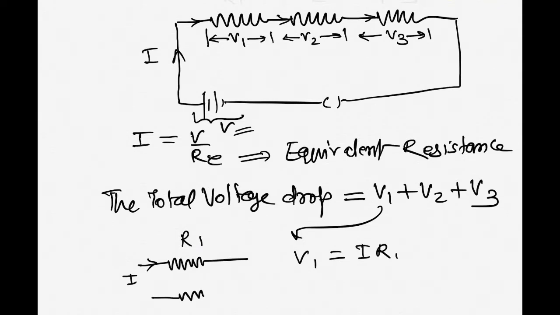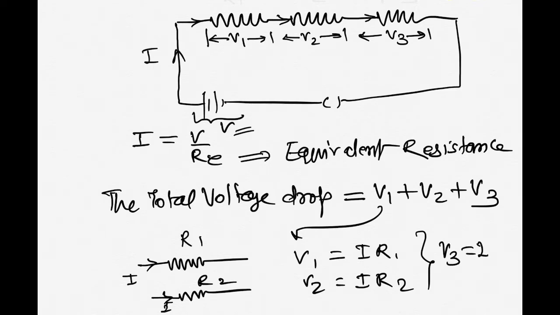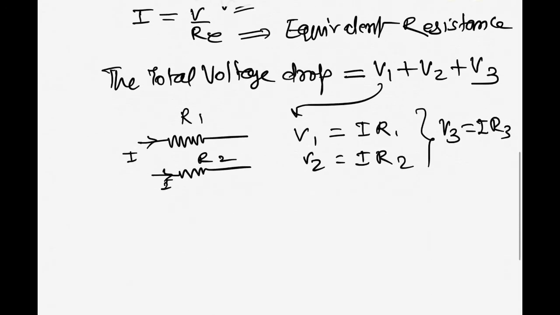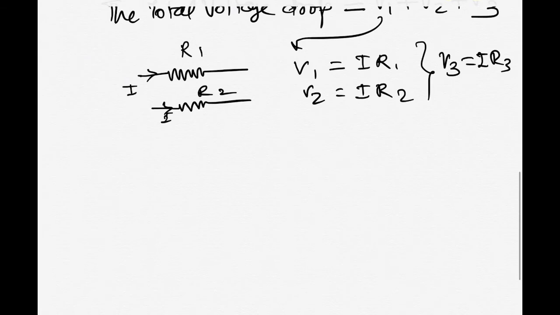Similarly, the voltage drop across R2 will be V2 equal to IR2. And for V3, it will be IR3.